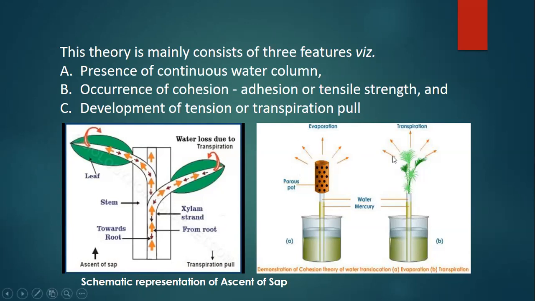So this is the physical theory, explaining how the transpiration pull is pulling the water, like in general evaporation from a beaker through a porous part, which is also sucking the water to the aerial parts.